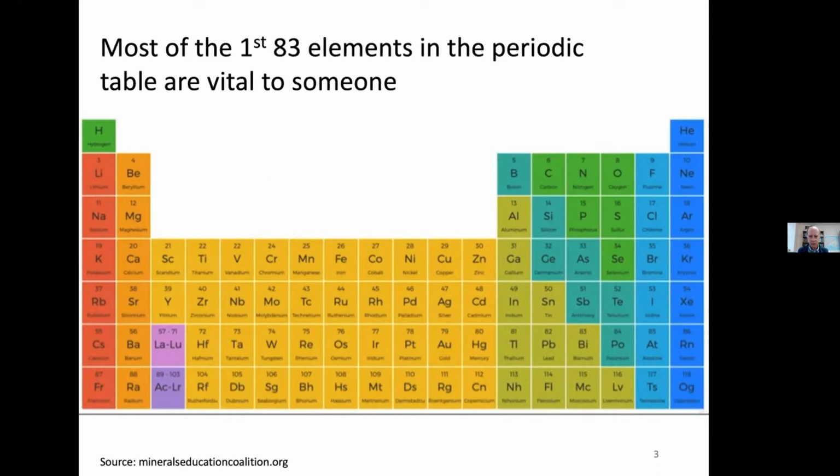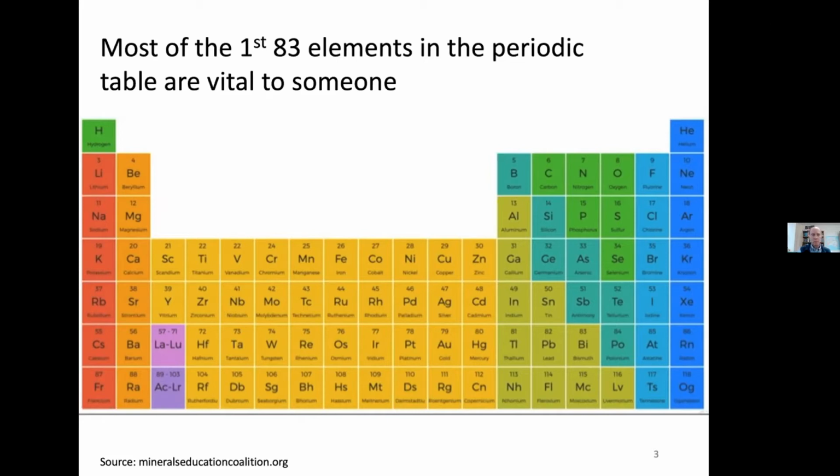And by 83, I'm looking down at bismuth in the lower right-hand corner. The elements from 1 to 83, in other words, are the options that material scientists and engineers have when developing materials and processes.